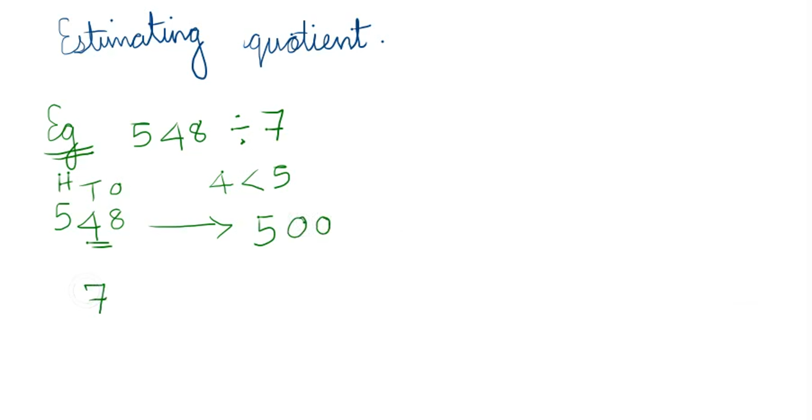And what about 7? Will you round it off? No. You will have 7 as 7 itself. So 500 divided by 7. Okay. So now I'm just going to divide my 500 by 7.